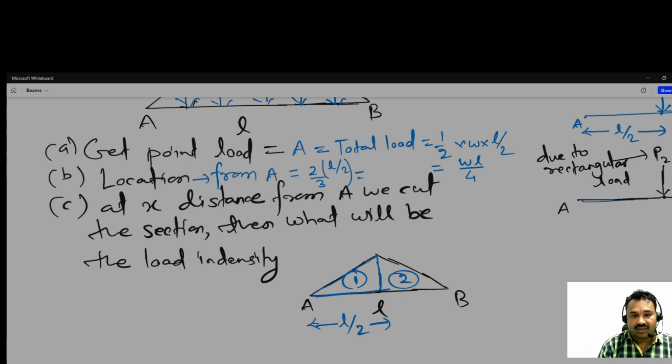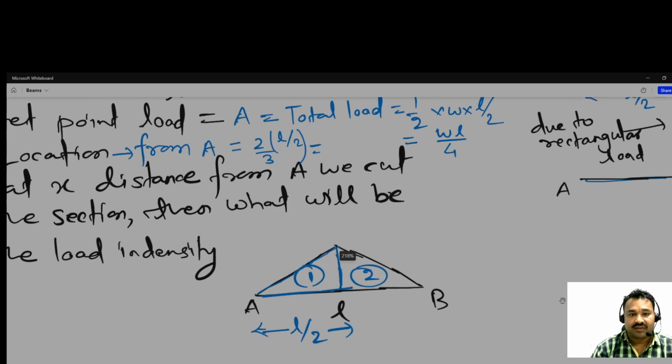No sorry, it will be L by 3 to L, yeah, it will act at L by 3.